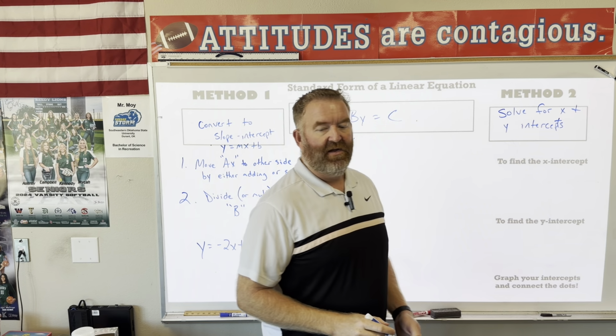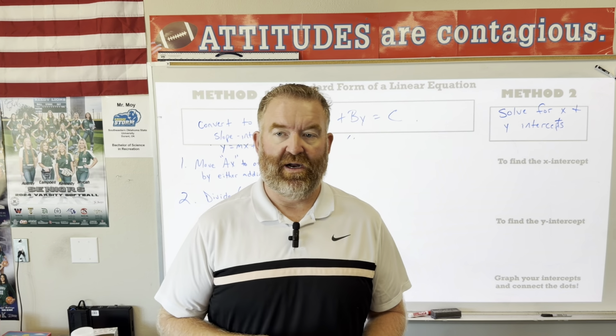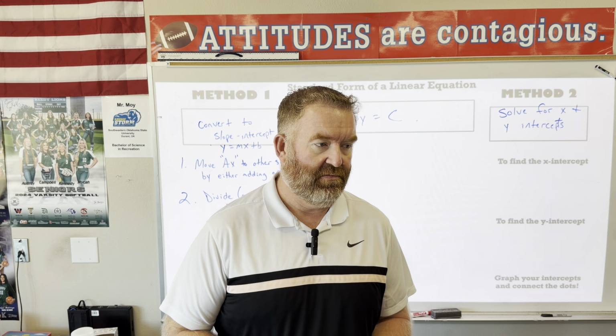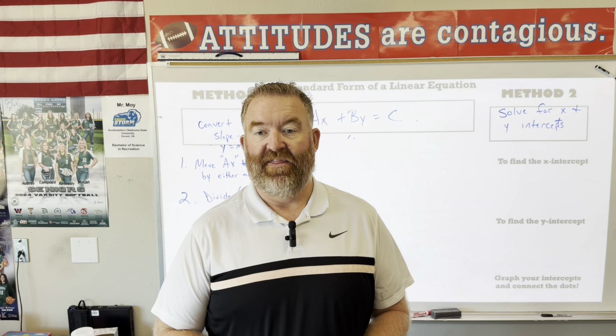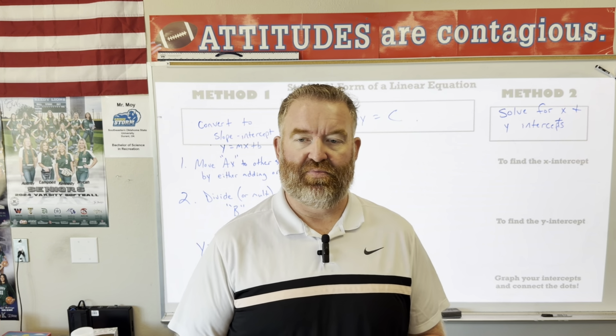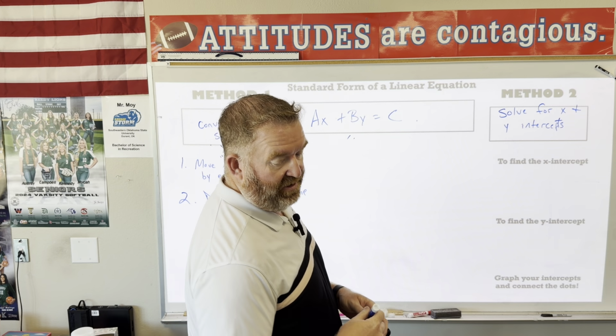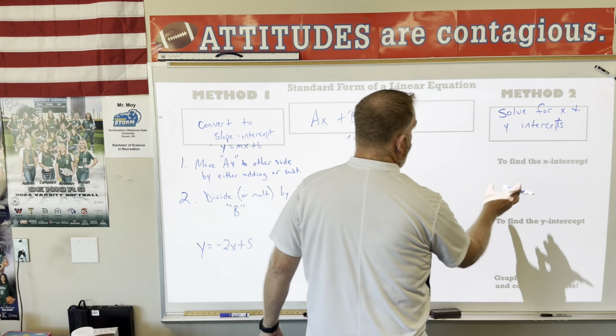I actually think this is easier than just putting it in y equals mx plus b. Was y equals mx plus b hard? No. This one I think is actually easier. Now, it doesn't always work out to be perfect numbers. So here we go, to find the x-intercept.